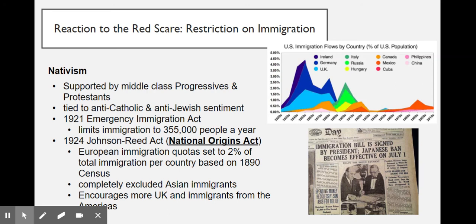We're also going to see European immigration greatly restricted by a quota system. If you look at the graphic here on the upper portion of the slide, you will see that when we look at the census data of the 19th and 20th centuries in terms of immigrants, a pattern emerges.